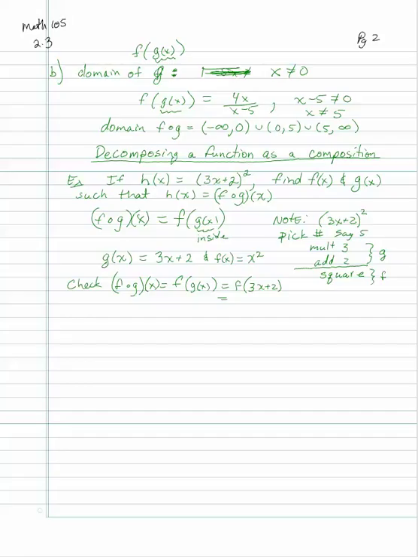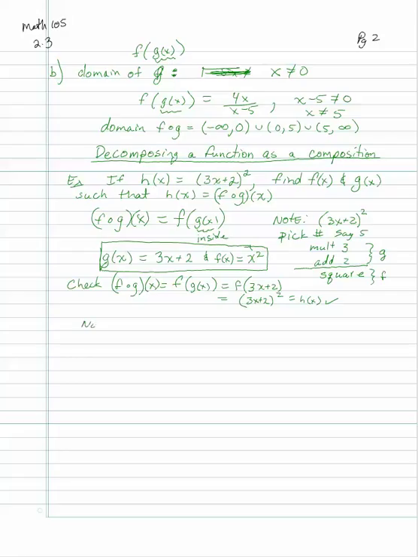And then f of x is x squared, so we're going to take the parentheses, plug in the 3x plus 2, and square it. And we get the function h of x that we're going for. So that checks out. So our answer is g of x is 3x plus 2, and f of x is x squared.